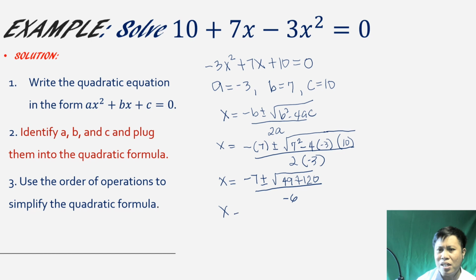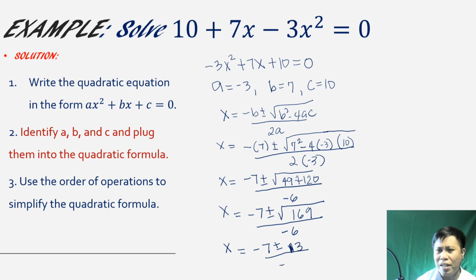So we have now x equals negative 7 plus and minus square root of 49 plus 120 is equal to 169 all over negative 6. So we have x now equals negative 7 plus and minus square root of 169 is positive 13. Okay?